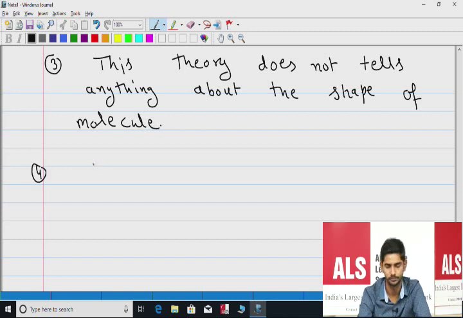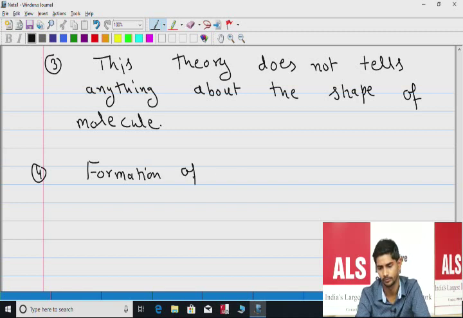Number 4, formation of compounds of noble gases.